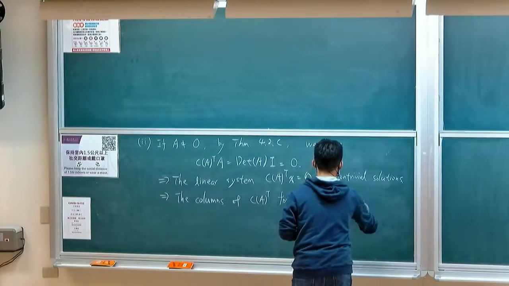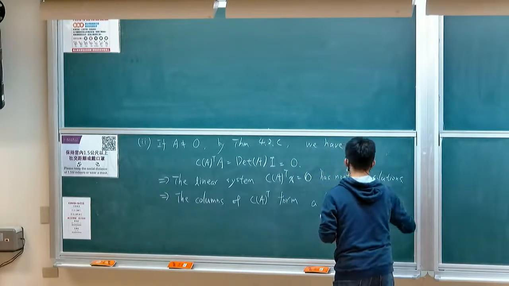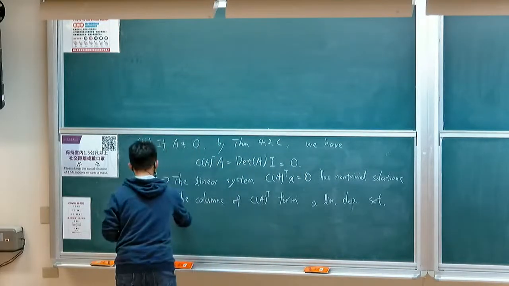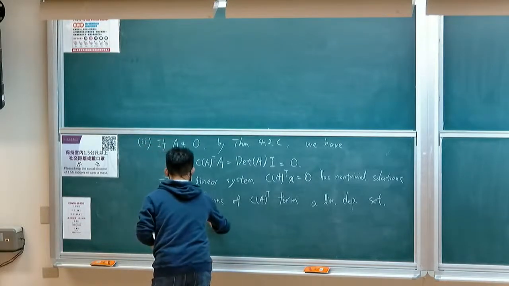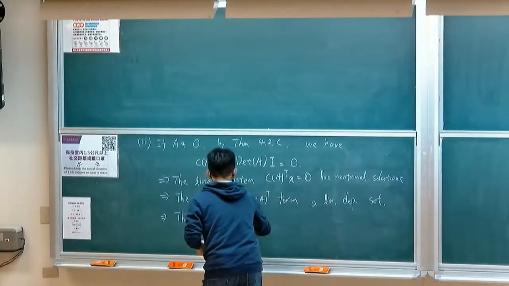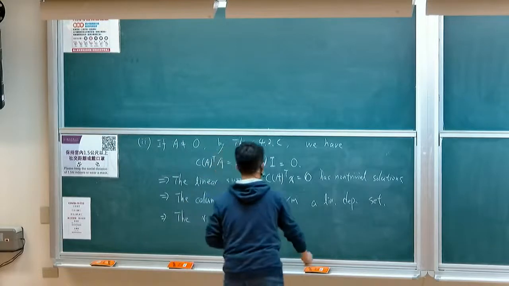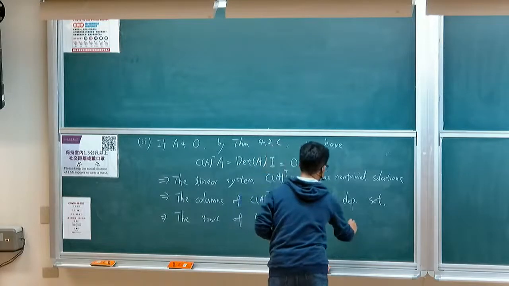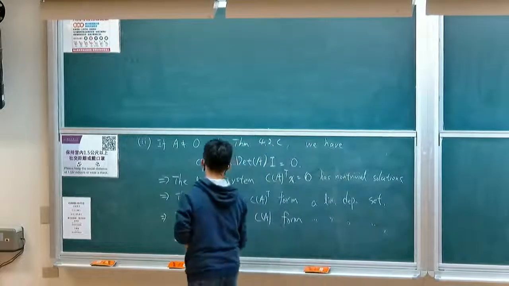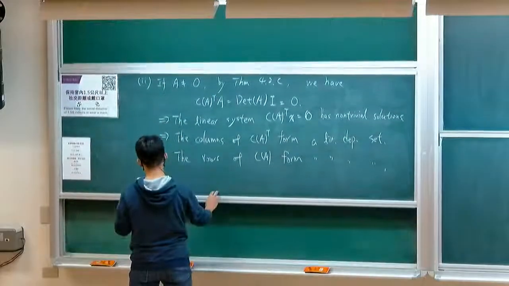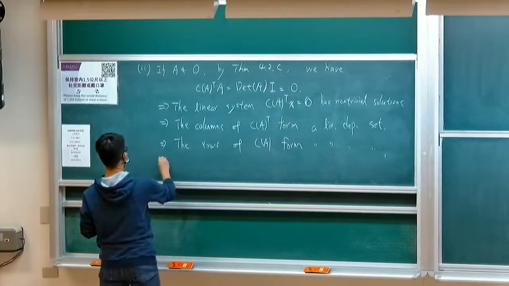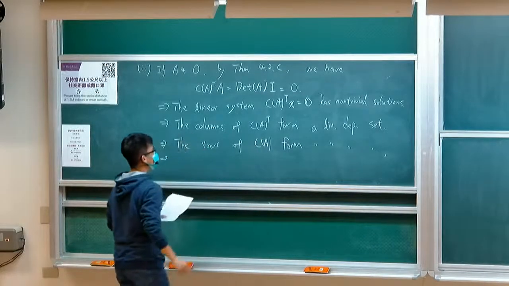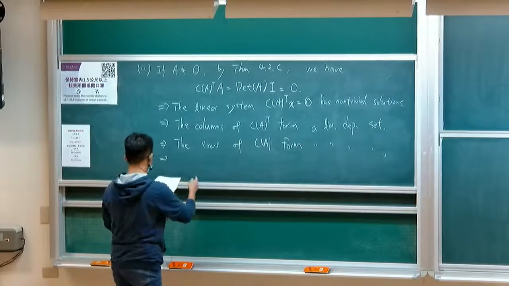So if we take the transpose of this matrix, the rows of A's cofactor matrix also form a linearly dependent set. Then, if the rows of a square matrix form a linearly dependent set, then its determinant is 0.